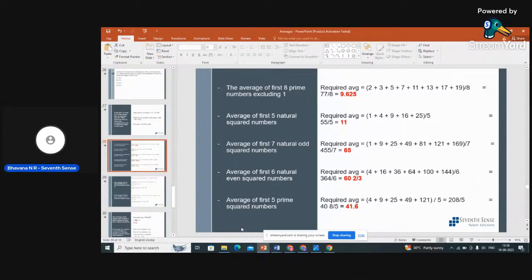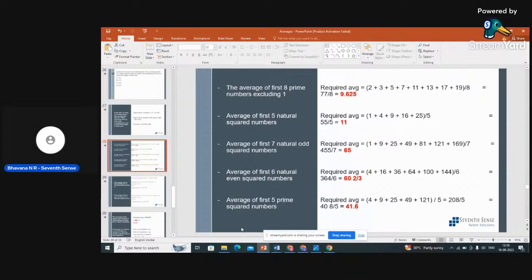Which are all the prime numbers? 1, 2, 3, 5, 7, 11, 13, 17, 19, and so on. It is divided by 1 and itself, so it should not be divisible by 2 or something else. That is called a prime number. So what is the question here?